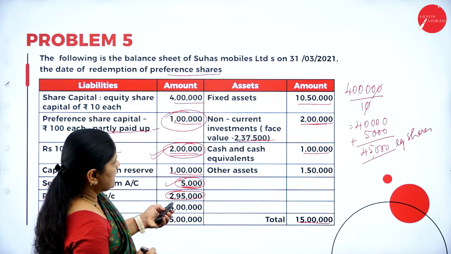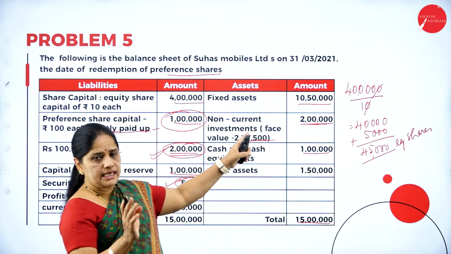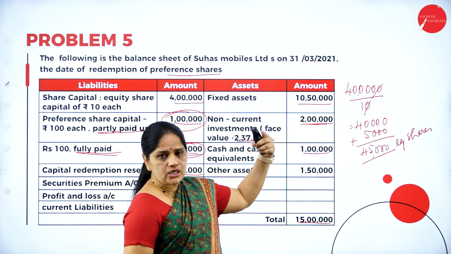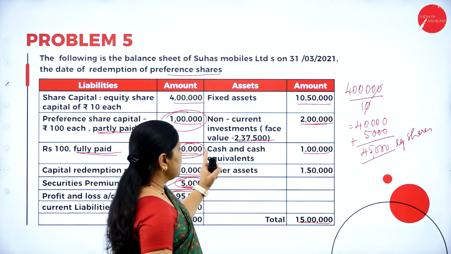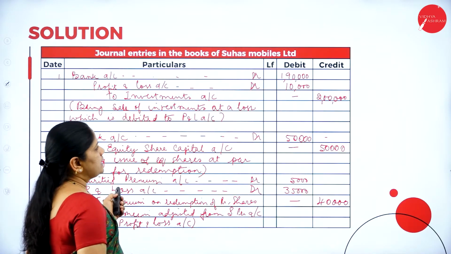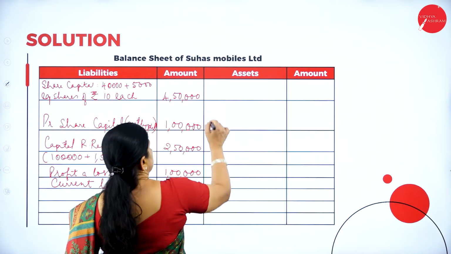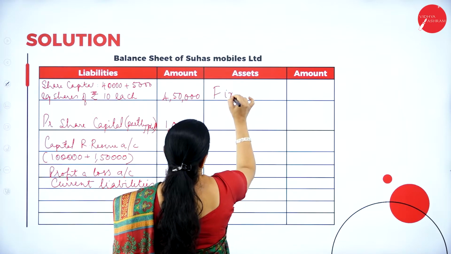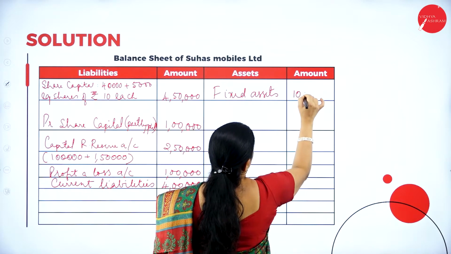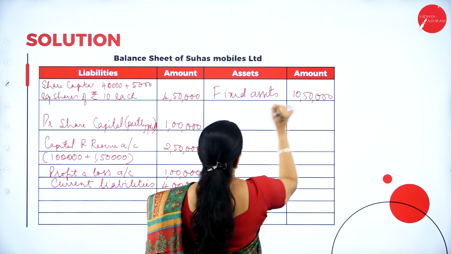Next one, in the asset side, we have fixed assets, there is no change. And then we will not write investments because investments are already sold. Then cash balance we have to calculate. So I will write fixed assets 10,50,000.